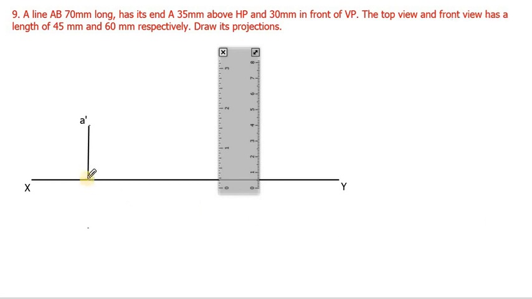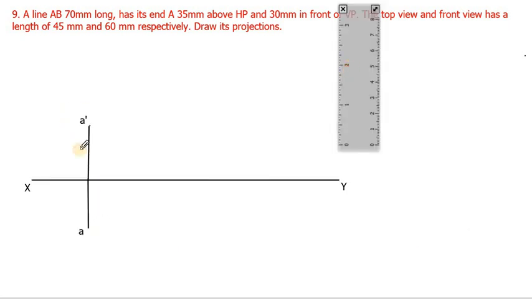Then draw a straight line from there up to that 30 mm point. It should be a straight line. Let us mark this as A. Then that's all. We have created the point that is 35 mm above HP and 30 mm in front of VP.